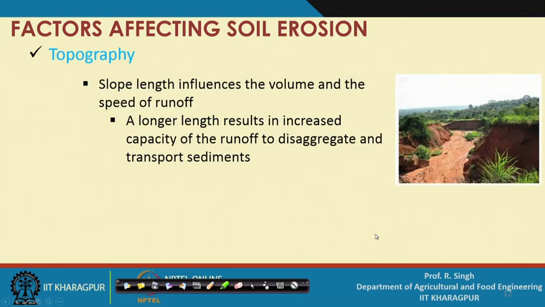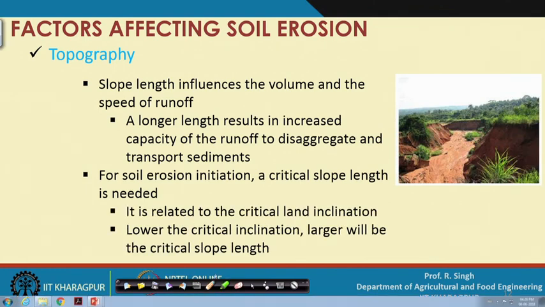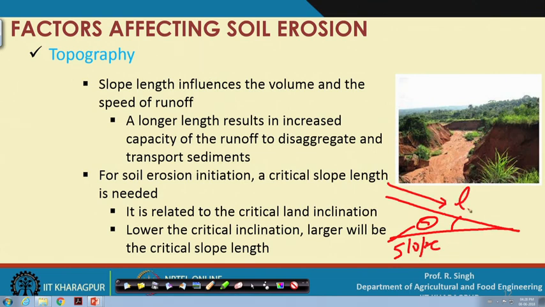And slope length influences the volume and the speed of runoff. Of course, that is also a factor, that it is not only the magnitude. We are talking about two things. Say this is theta, so this is slope, and this is length.